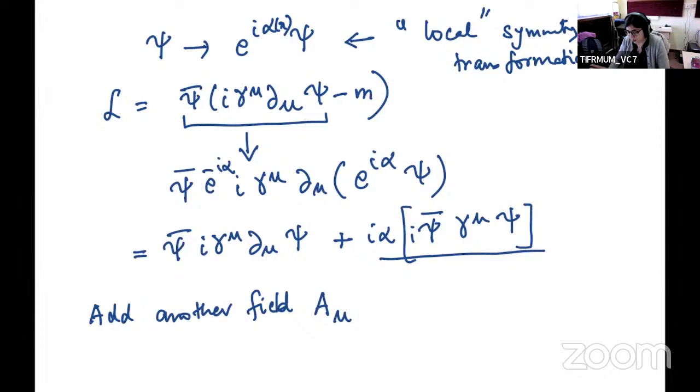Okay, so basically you want to have a term that cancels this exactly. So that's why you start with another vector field, which I call here A mu, just out of tradition. And the A mu field transforms in this way. Okay. So every time psi goes to e to the i alpha psi, A mu goes to A mu plus d mu alpha. Okay. And then to your Lagrangian, you will add this extra term.